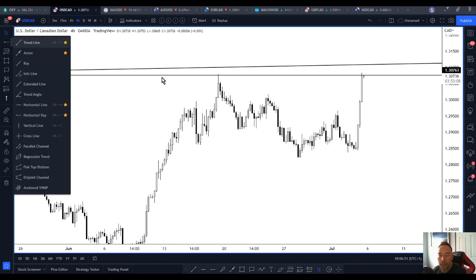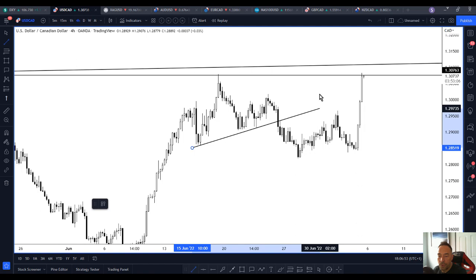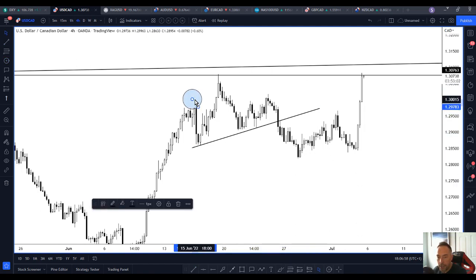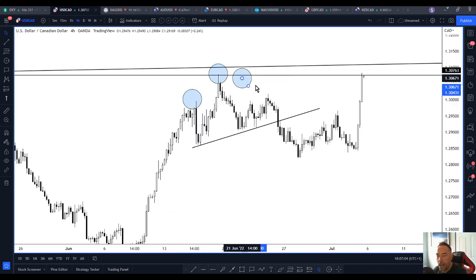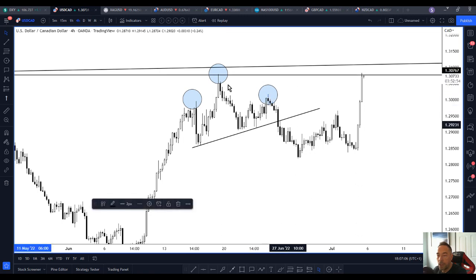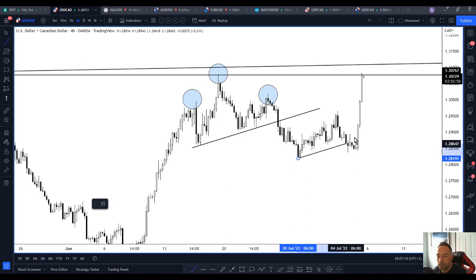If I just draw that out for you, we've got a neckline there. Let's clone that. So we've got a left shoulder, a head, and a right shoulder. Price broke out and then formed a corrective bearish flag pattern, and then broke out.